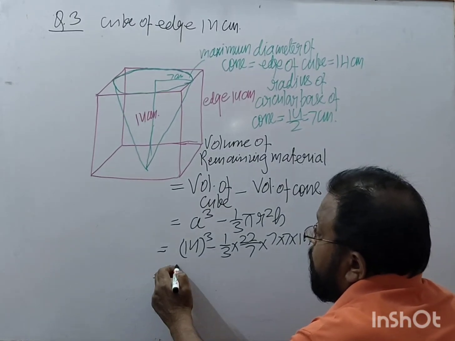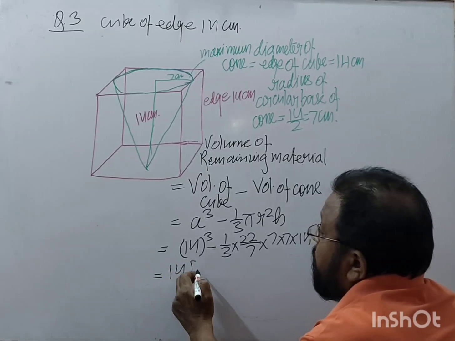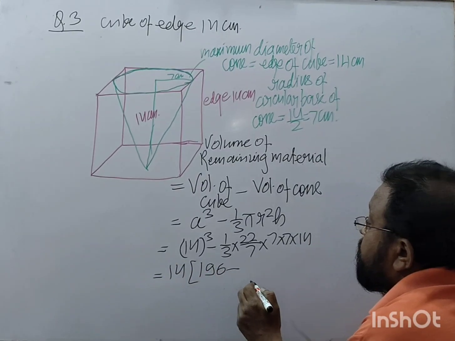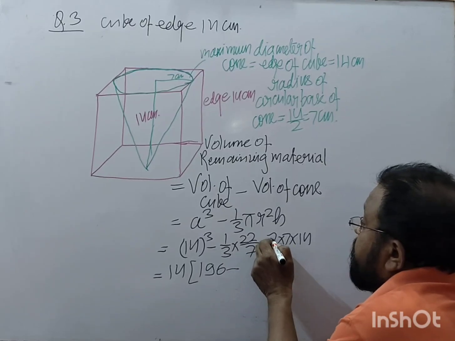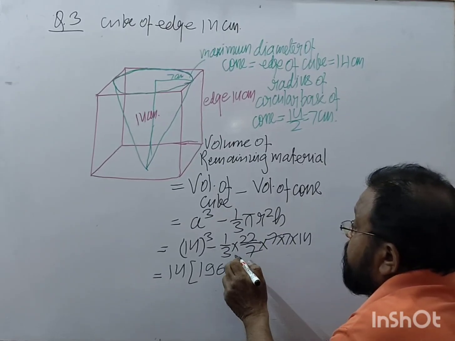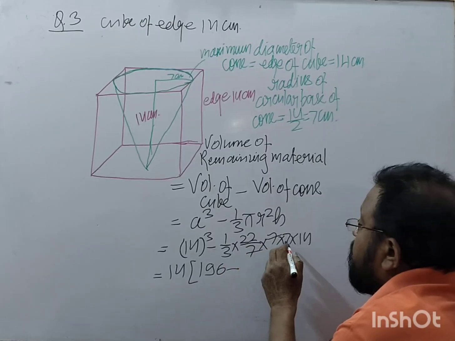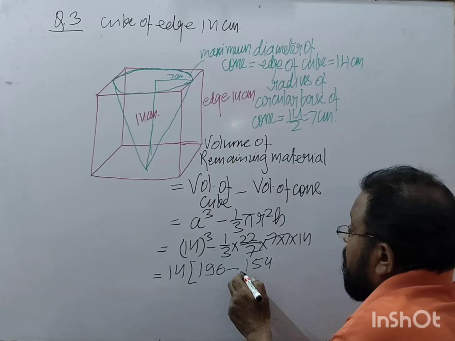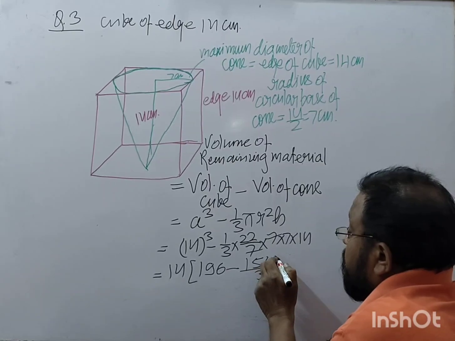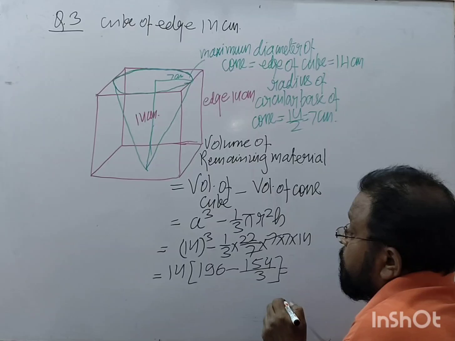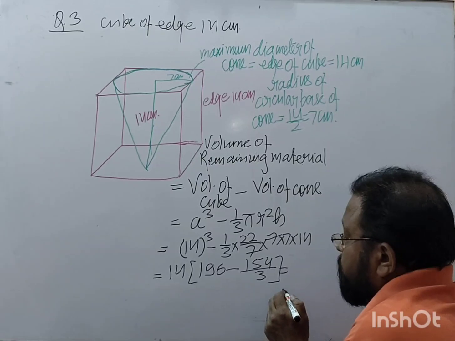If I take 14 as common from here, so it is 196 minus, 7 and 7 is gone, and it is 154 upon 3. What is your answer? 2025 whole 1 upon 3.